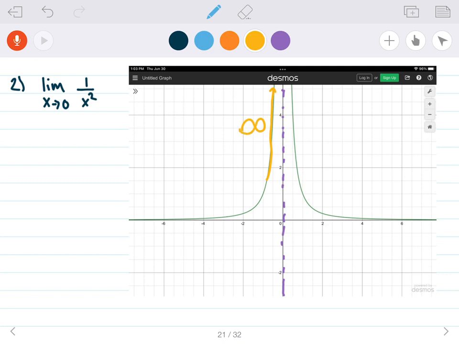And on the other side as well, as we get close to 0 from the right, y is also going to infinity. So the limit is going to equal infinity. And we only say that a limit exists when the function is getting close to a number. But infinity isn't technically a number, so the limit does not exist. DNE.